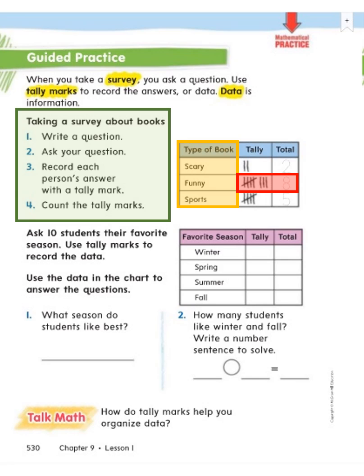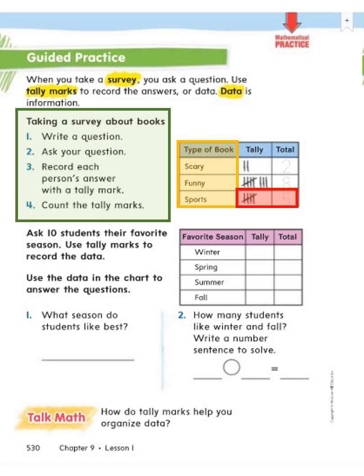And then we look at sports. And there are 5 people for whom sports books are the best. So now our data is complete. We have all of our numbers. We've asked everybody that we could.